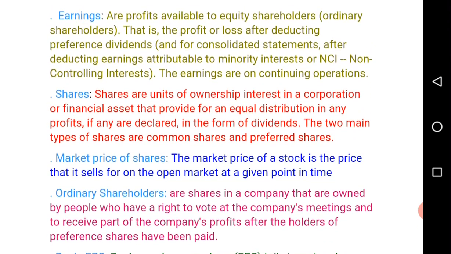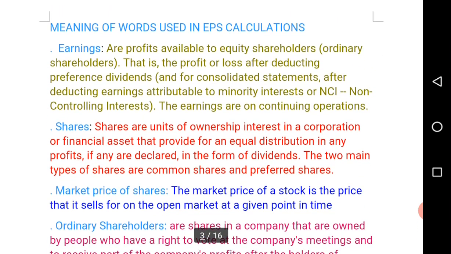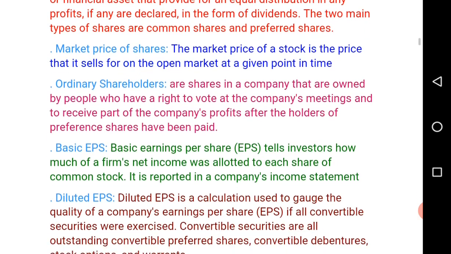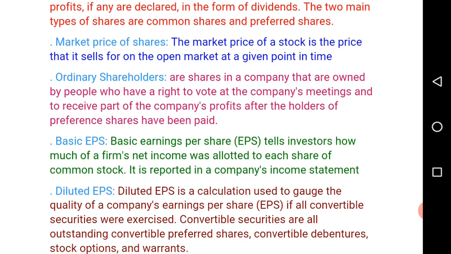It made mention of deducting preference share dividends here under earnings. So they have rights to the earnings of the company. Now the earnings is the profit after tax less dividends paid to preference shareholders.